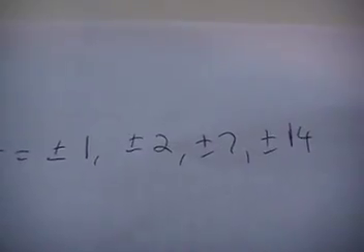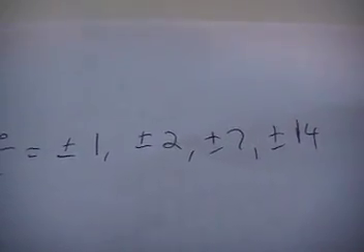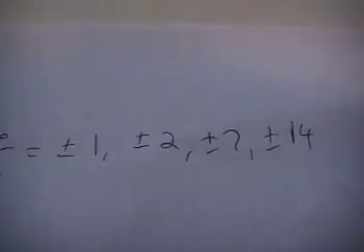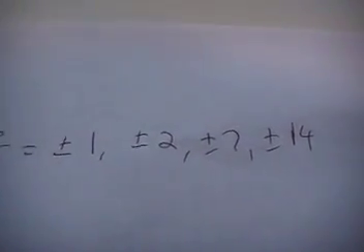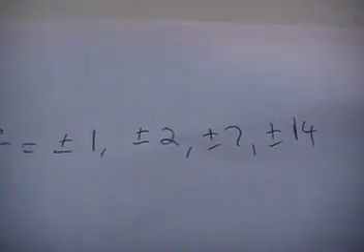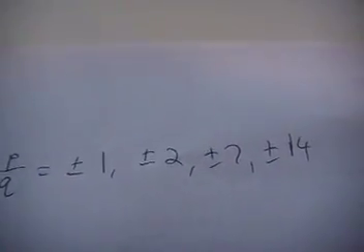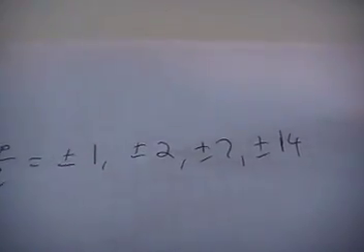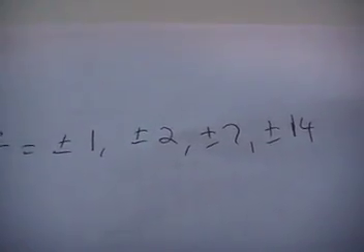So this is all you have to check. And you don't have to check 3 or 4 or 5 or 6 or 8 or 9. It's a waste of time to check numbers that are not on this list. So the guess and check process can take a while sometimes, but at least it's not just a blind search through an infinite amount of numbers. Here we only have 8 possible numbers that could be the answer.